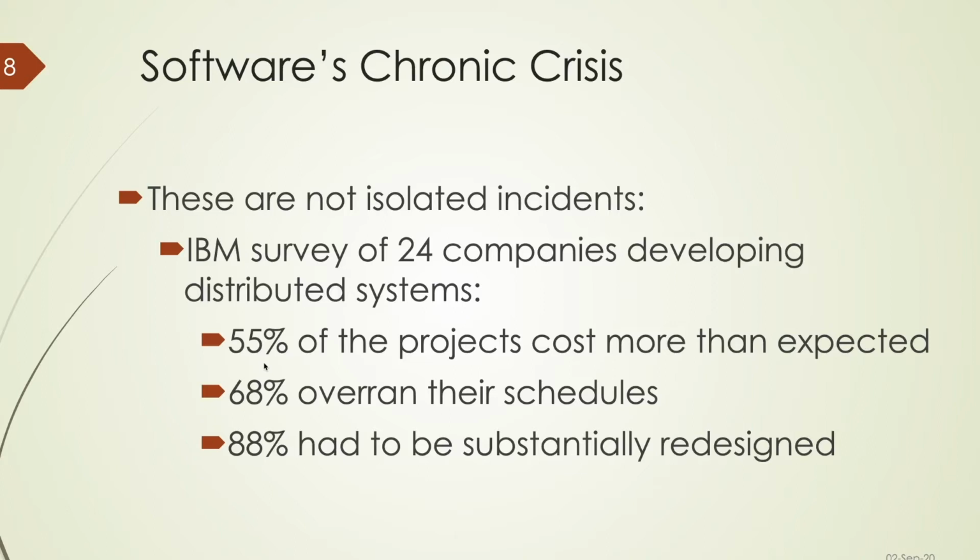Imagine you're building your house, and after you have exhausted all the money you borrowed, you have to spend the money again to redesign and to remodel that house because that house is not functional.